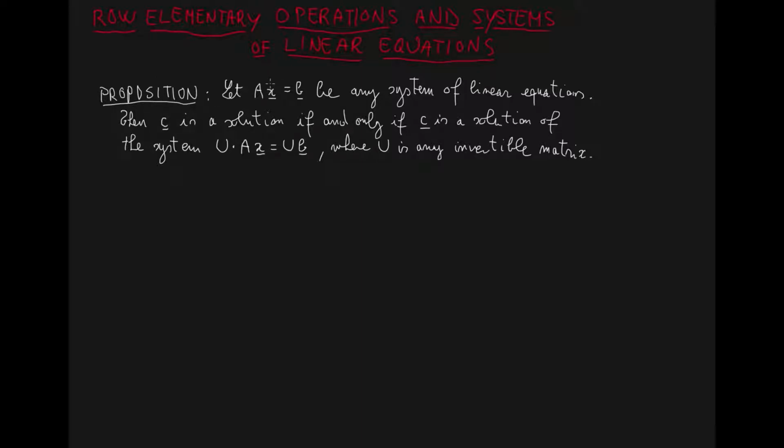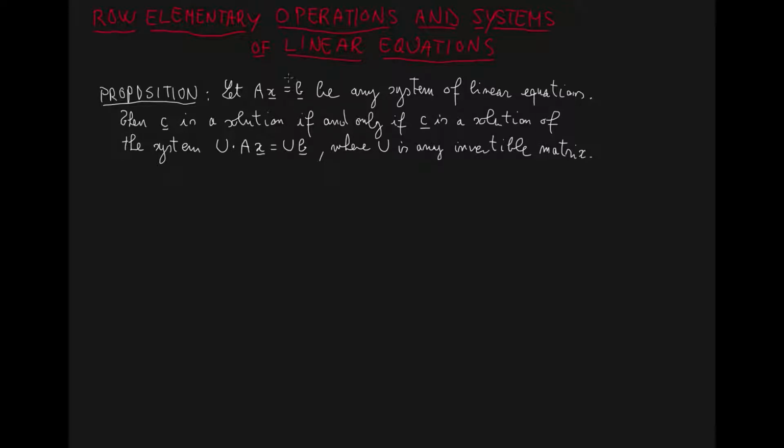So we start from a system of linear equations that we write Ax equals b, be any system of linear equations. Then c is a solution of this system, Ax equals b, if and only if c is a solution of another system, which is written as UAx equals Ub.